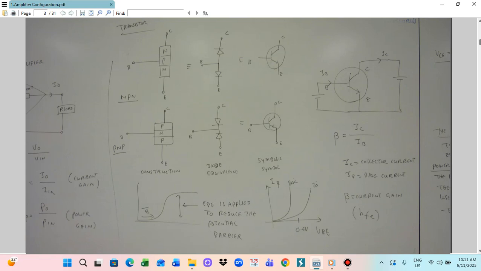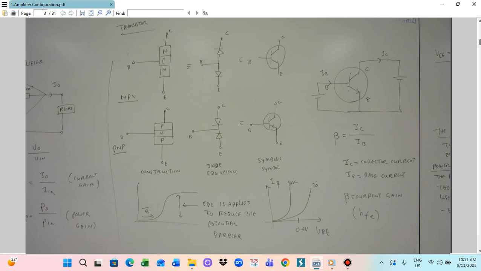So B is the base, E is the emitter, and C is the collector. That is also similar to the construction diagram. Those are the construction, diode equivalent, and symbol of the NPN and PNP transistor.